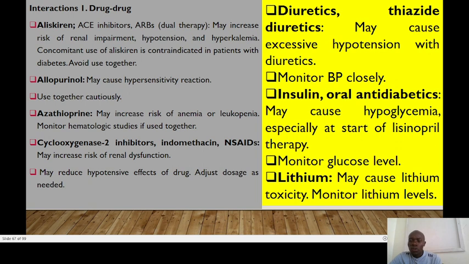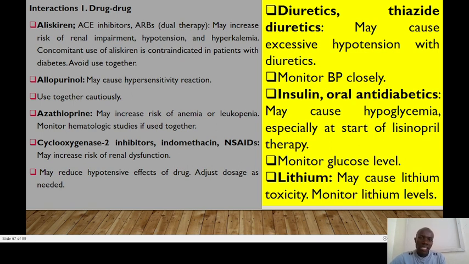Then you have the cyclooxygenase 2 inhibitors, indomethacin, NSAIDs. These may increase the risk of renal dysfunction, and they may also reduce the hypotensive effect of lisinopril, so you have to adjust as needed.